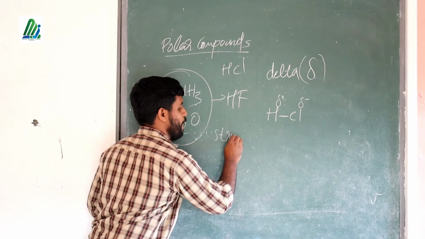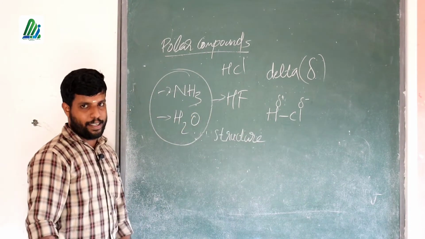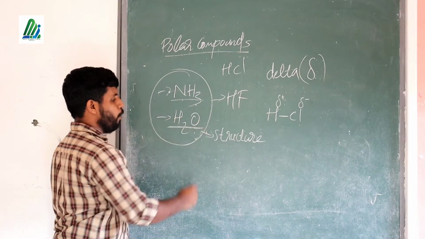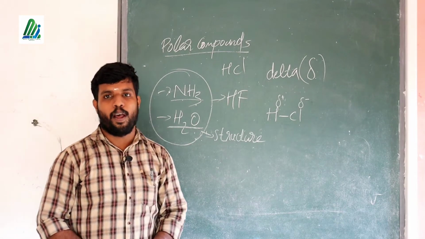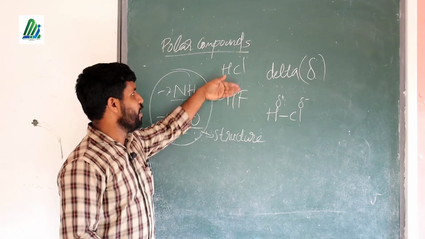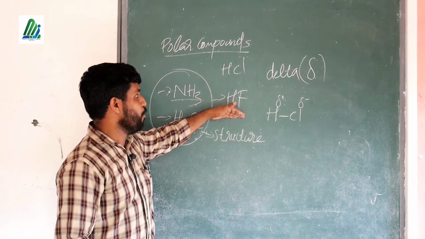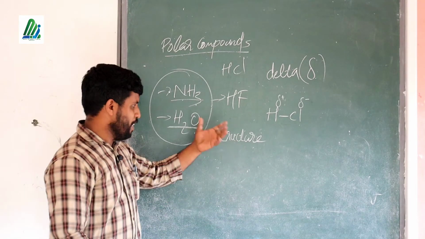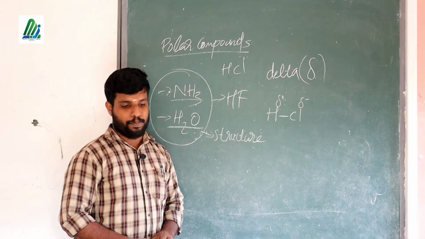Some compounds attain polar nature due to their structure also, bonding and their structure. Due to the structure, the ammonia molecule and water molecule get the polar nature. So they are also polar compounds. In the case of HF, hydrogen fluoride, it is the same as HCl. It is not due to the structure. Due to the structure, they get the polarities for NH3 and H2O.